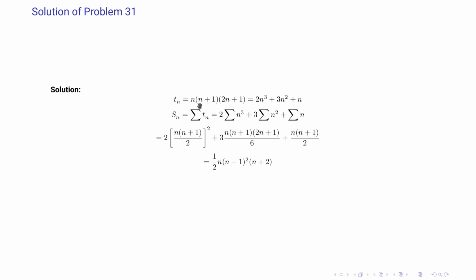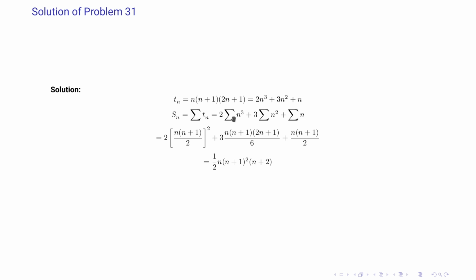So our Tn would be n into n plus 1 into 2n plus 1, which is 2n cube plus 3n square plus n. Now to find the sum, we apply the summation operator over Tn, which essentially means n is equal to 1 to n. So we get 2 sigma n cube plus 3 sigma n square plus sigma n.